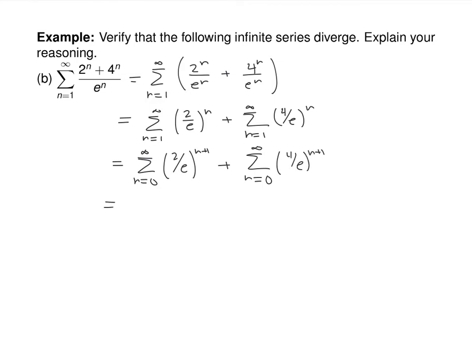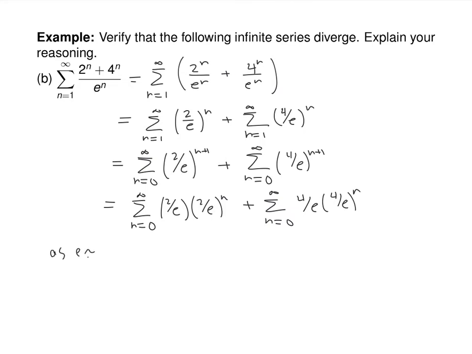And one more step before we can draw a conclusion. Sum from n equals 0 to infinity of (2 over e) to the n, plus the sum from n equals 0 to infinity of (4 over e) to the n. Now, as e is about equal to 2.71, we know that 2 over e is less than 1, so our first series does converge.